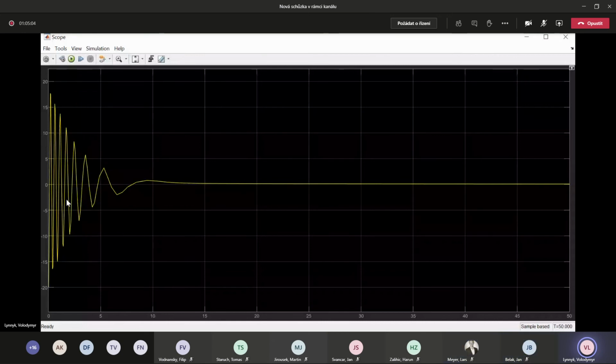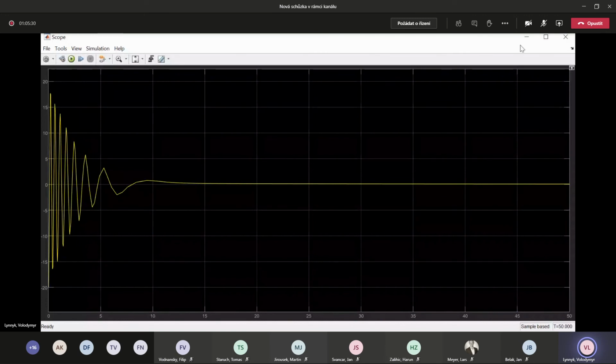And you can see that when we start quite far from the origin, then our system is stabilized and goes to the origin, and you can see that this system is asymptotically stable.